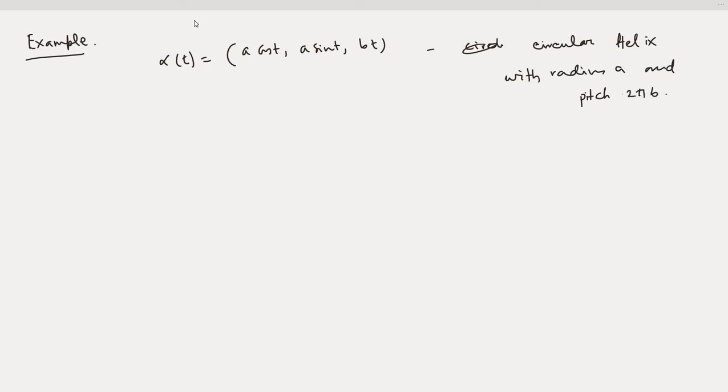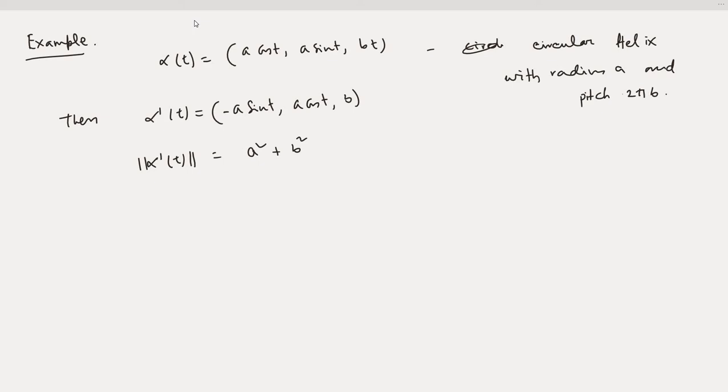Then what is alpha prime? We compute the curvature. Alpha prime of t equals minus a sin t comma a cos t comma b. Then alpha prime of t has norm equal to the square root of a square plus b square.